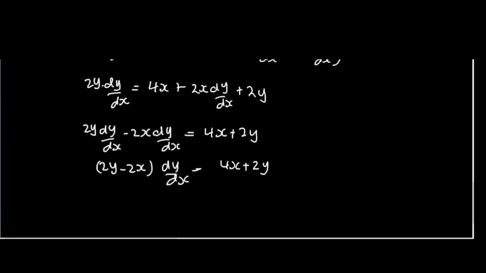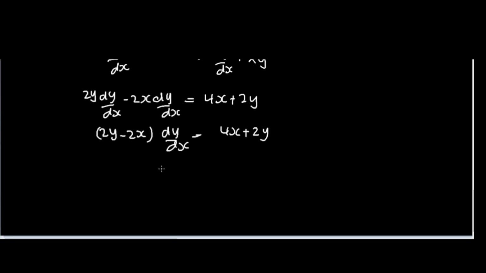After that we can come here and write our formula for dy/dx. We can divide both sides. So we shall have dy/dx being equal to 4x plus 2y, divided by 2y minus 2x, and so this is our dy/dx. You happen to find that this one here can reduce because you have 2, which is a common term in the numerator and the denominator.